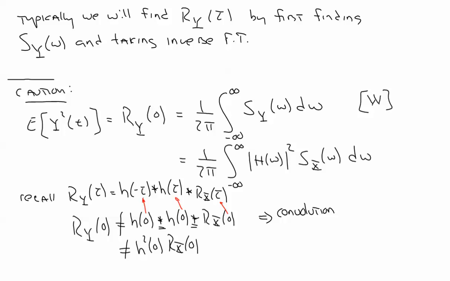Convolution must be performed first. All right, and then once you do the convolution, which is perhaps a nasty integral, then you can plug in a 0 value of tau and get the autocorrelation evaluated at 0. I don't suggest you do it that way.